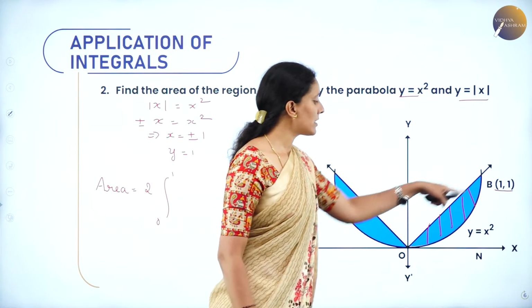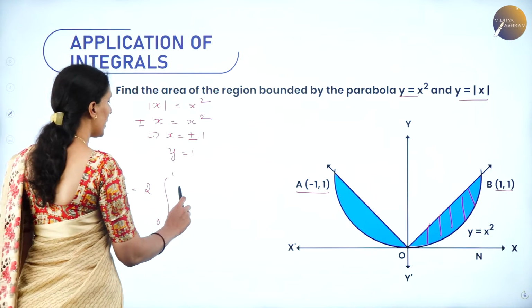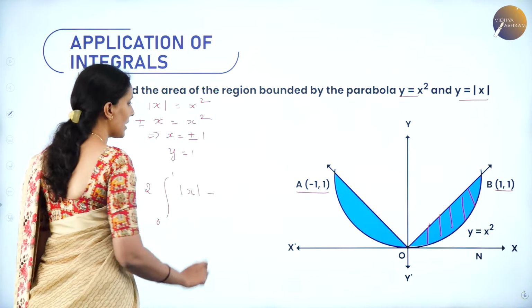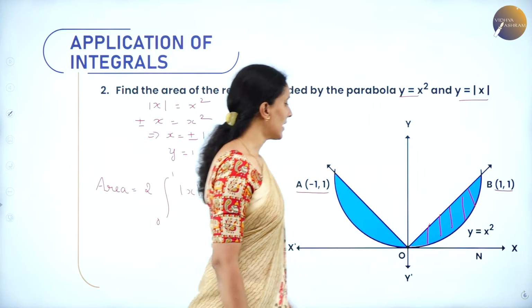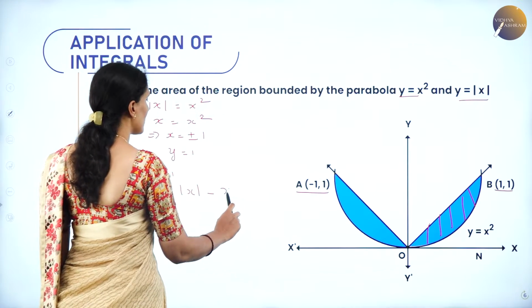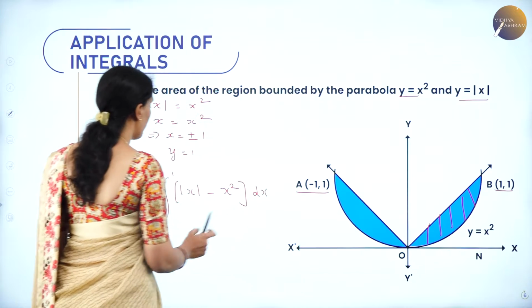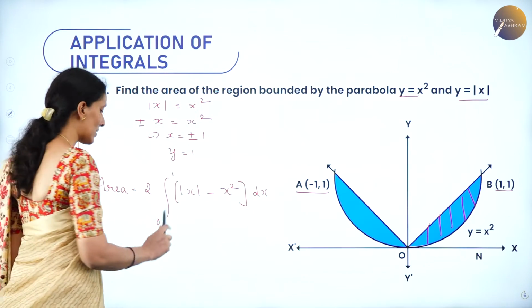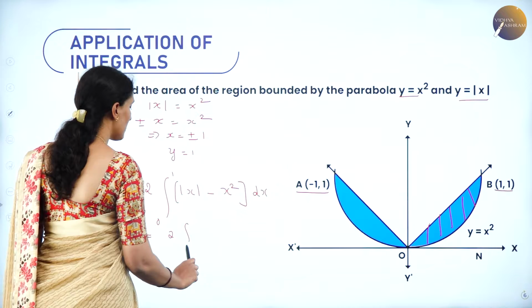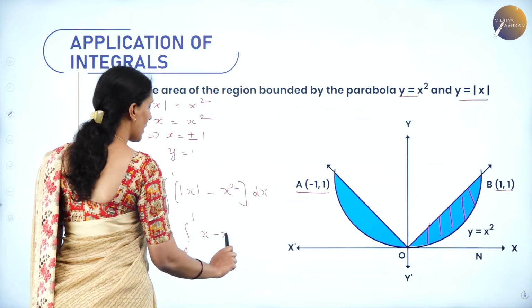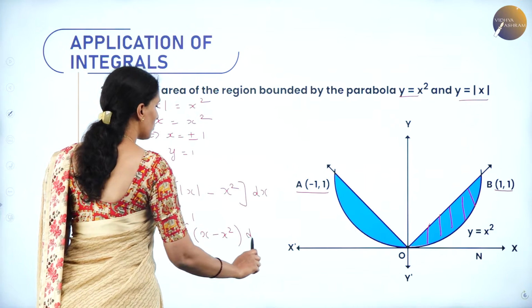And the first curve is modulus x, and the second curve is x square. So we need to take it with respect to dx. Modulus x, I will just write it as x only. So it is 2 times the integral from 0 to 1 of x minus x square with respect to dx.